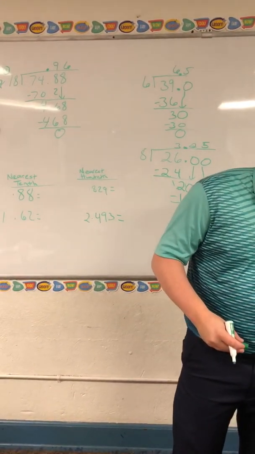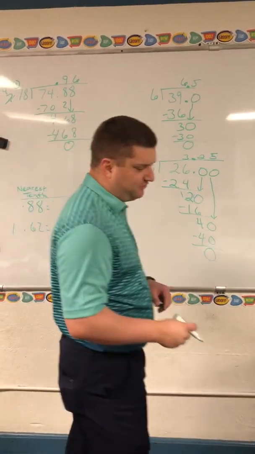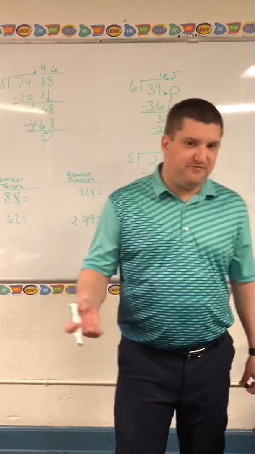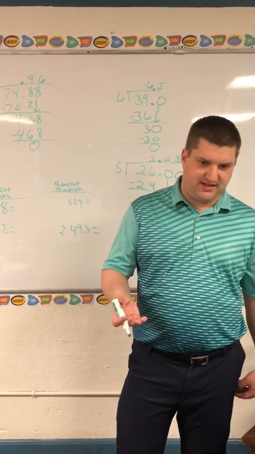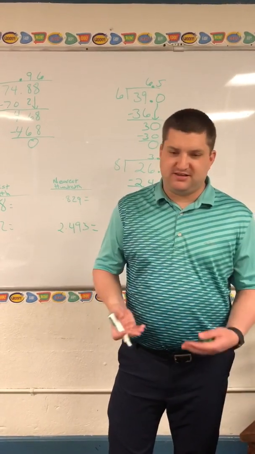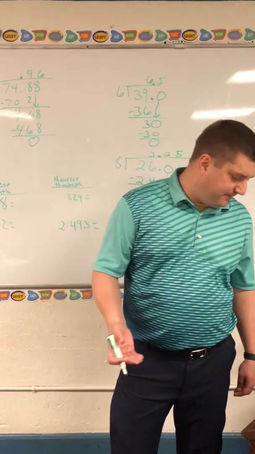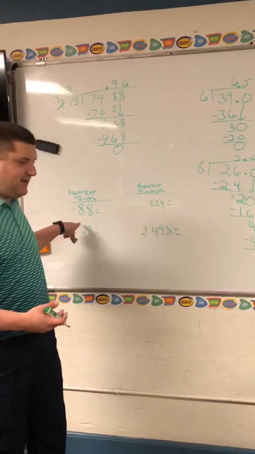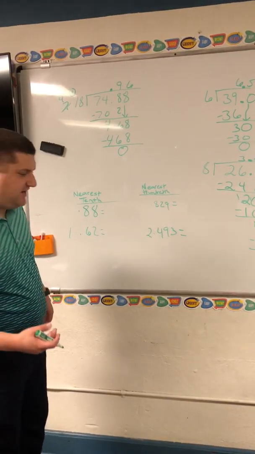On day 3, we're looking at rounding decimals. Okay, if you remember back when we were rounding off money a few months ago, it's the same thing. And it's the same rules as when you have whole numbers and you're trying to round them off. Okay, so let's look at 0.88. Okay, it says go to the nearest tenth.